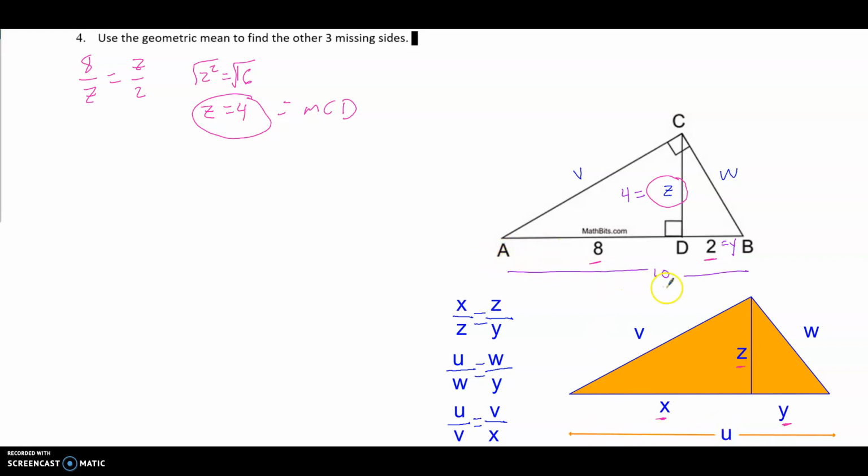So U, or in this case 10, that's going to represent the entire length from A to B. So if I take a look at my proportion right here, U over W, or in this case 10 over W, equals W over Y. W over Y, in this case, it's going to be W over 2.